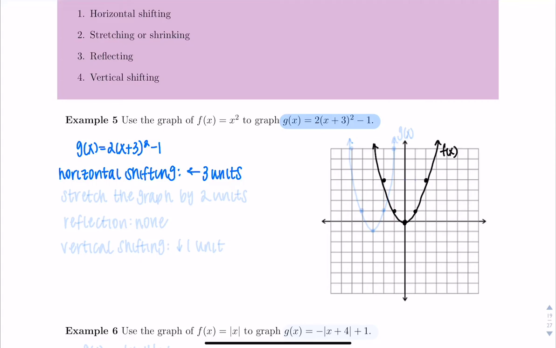The next thing is stretching or shrinking. So because we have 2 times x plus 3, that means we are going to stretch the graph by 2 units.